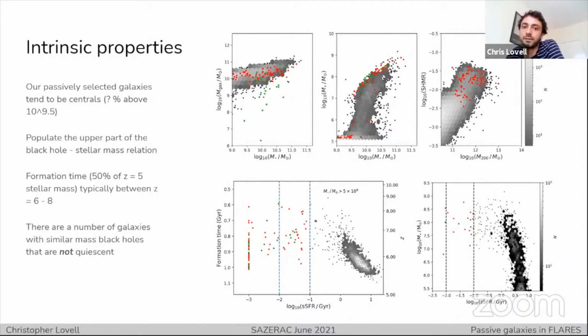We find that most of these things form between redshift 6 to 8. So those passive galaxies found at redshift 5 have formed within the last few 100 mega years. But there are a number of galaxies with similar mass black holes that are not quiescent. So they're not a complete sample of black holes.